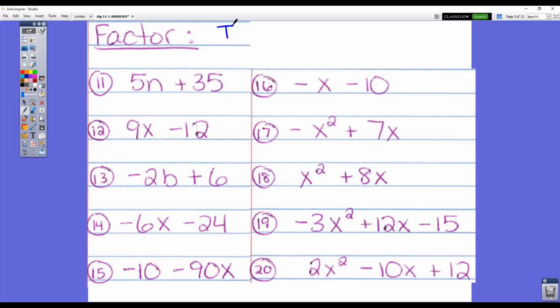We want to take the biggest number out of each term. We want to take what they have in common out of each term and put it outside the parentheses.